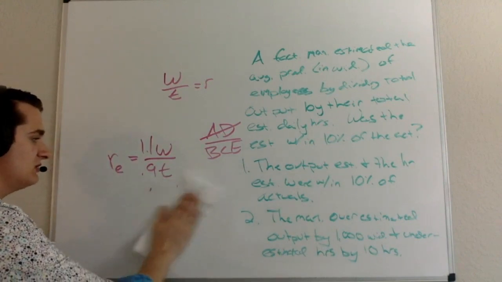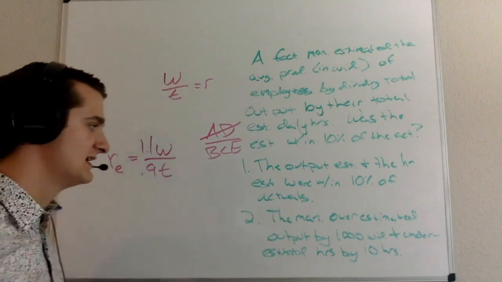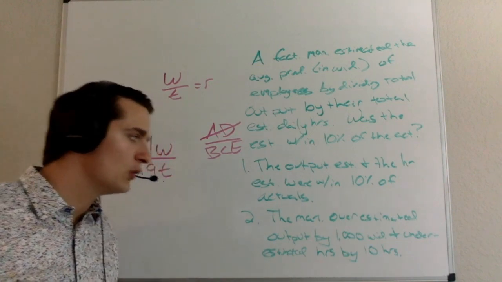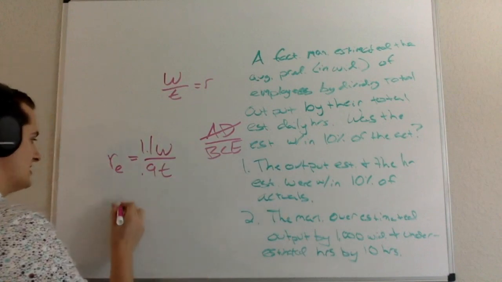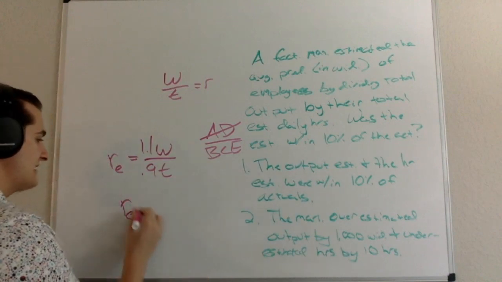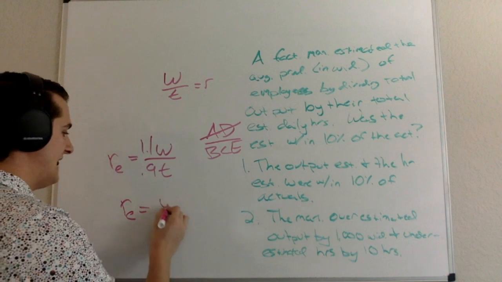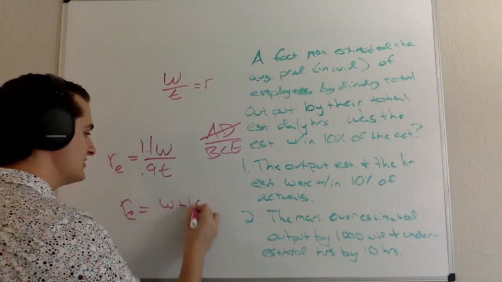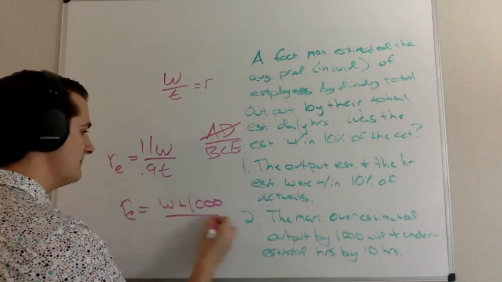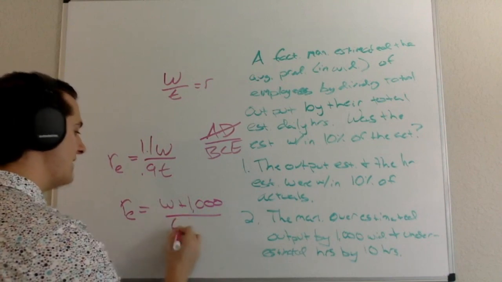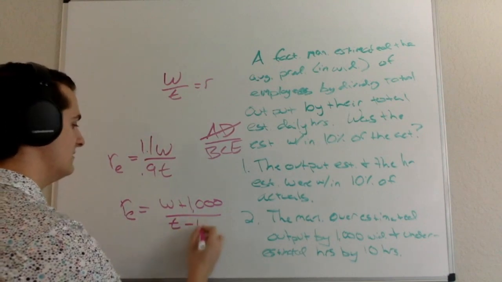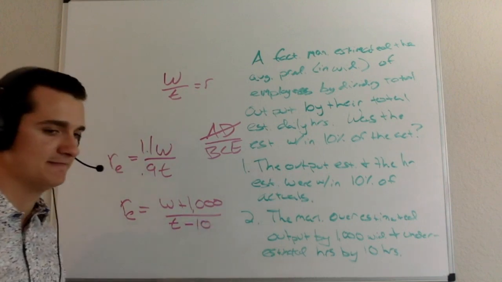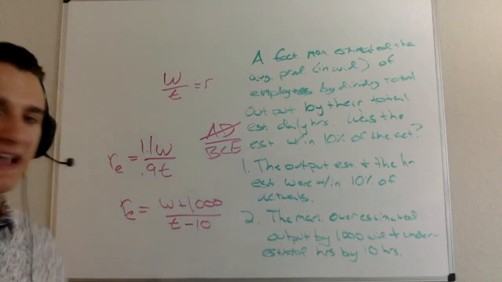And what statement 2 tells me is that the manager overestimated output by 1,000 widgets. So my estimated output was the actual widgets plus 1,000, divided by the time, which was underestimated by 10 hours. So time minus 10. Now, here's the thing.